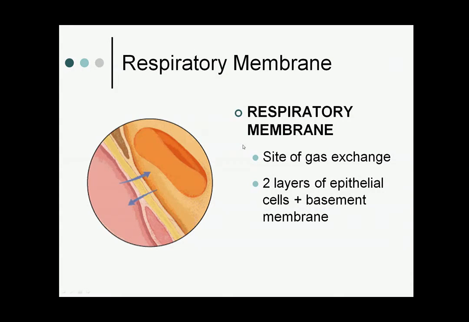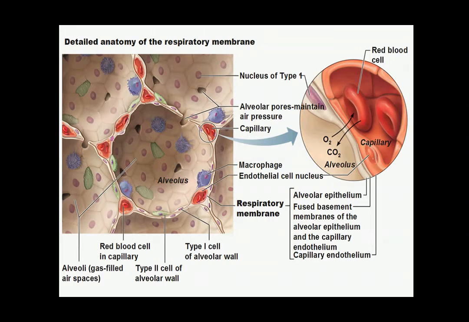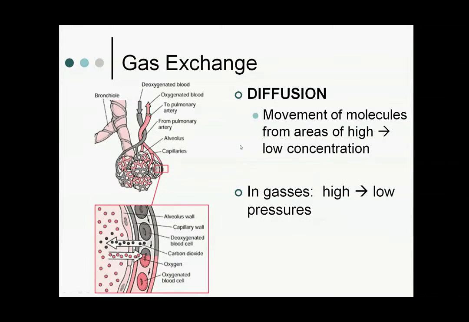Respiratory membrane. You kind of saw some of this anatomy on the WebQuest. I'm not going to go over too much of that, but here's a good diagram. There's a lot here, but again, it shows you the importance of the alveolus. Its job in gas exchange with the capillary, which we've gone over in some detail on worksheets and animations, so I don't want to go too much into this stuff.